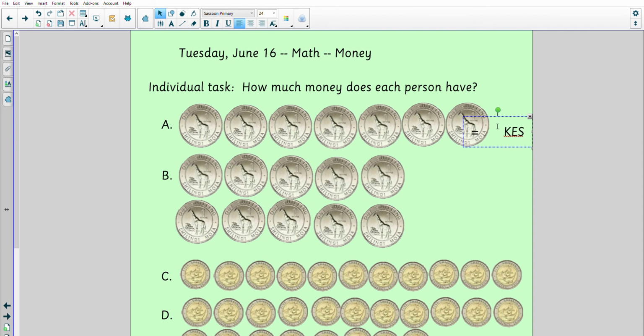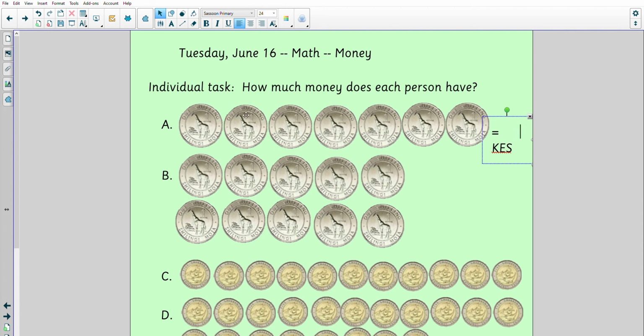So I'll put my numeral right here, and then KES. Again, that's very important because different countries around the world use different currencies.